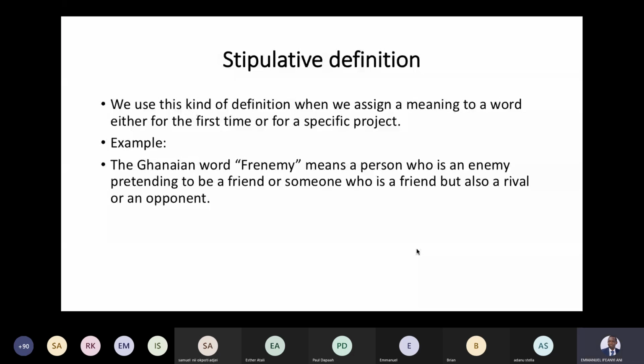So for my project, I'm going to define this term or this phenomenon as this. That is what we call a stipulative definition. You have created a definition that did not exist. That is a stipulative definition.